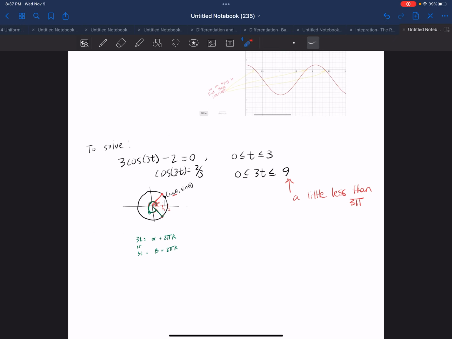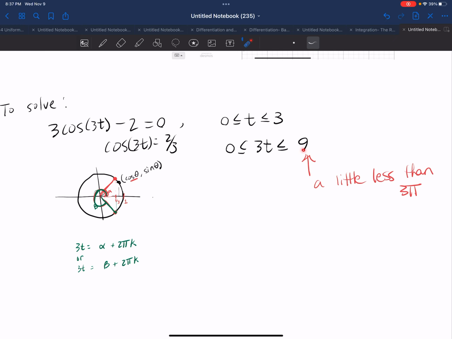Pi is approximately 3.14, so 9 is going to be a little less than 3 pi. That means I can have this angle here, or I can have that angle again.